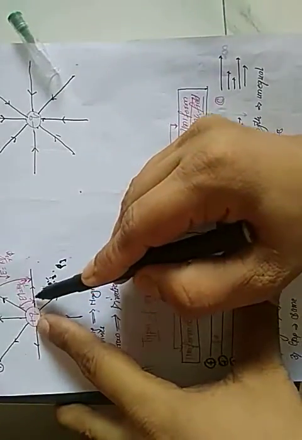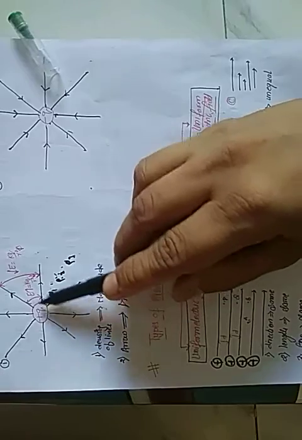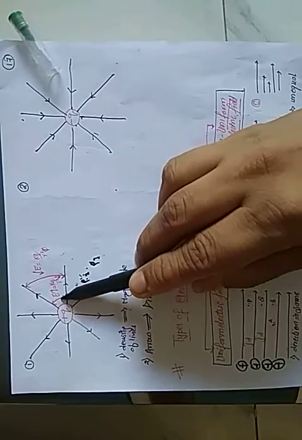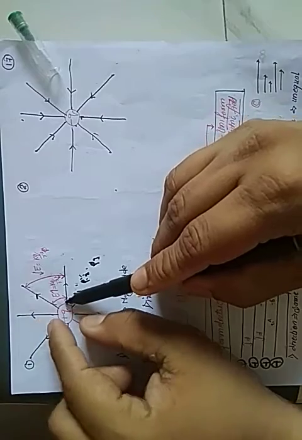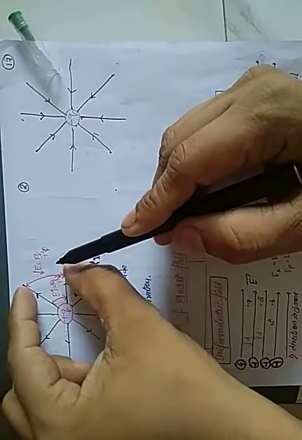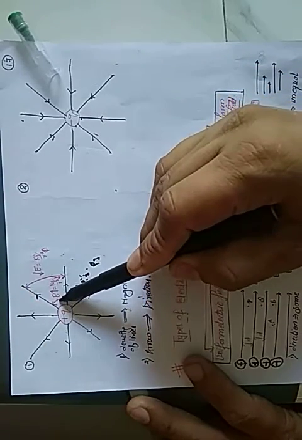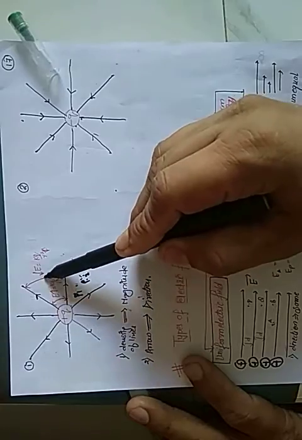I told you, as we are very close to the charge, the field is maximum. If we are away, field is minimum. See the direction here, as we are very close to the charge, electric field is maximum, away it is decreased.